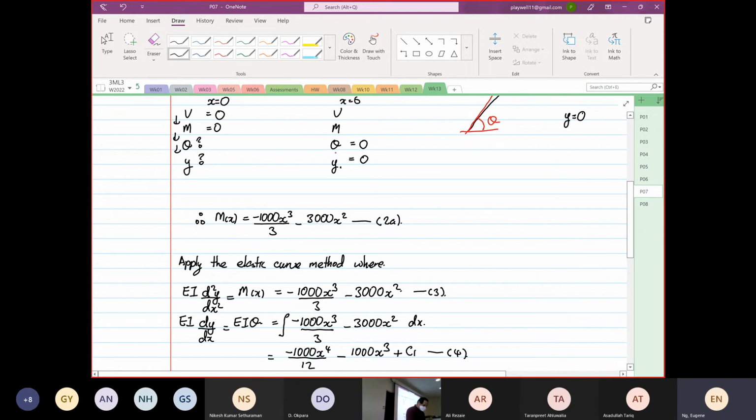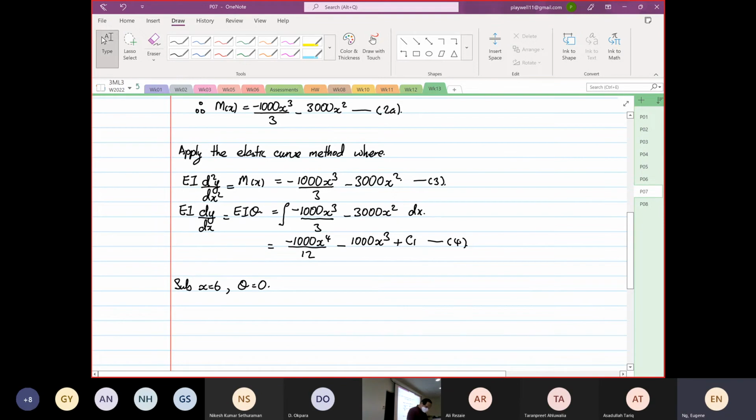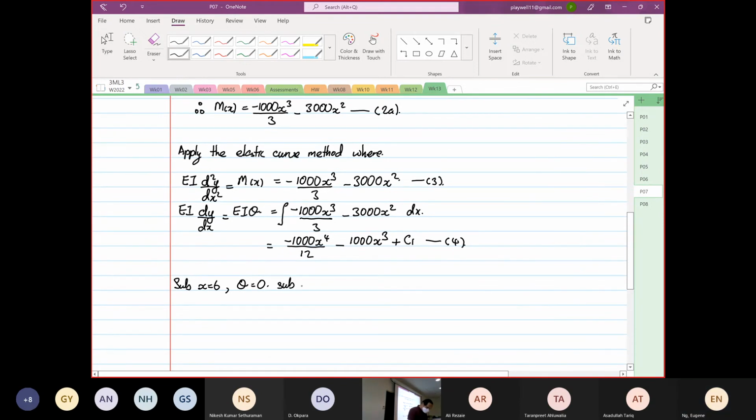We are going to substitute when x is equal to 6, theta is equal to 0, into equation number 4. So 0 is equal to minus 1000 times 6 to the power of 4 divided by 12, which is 108000.